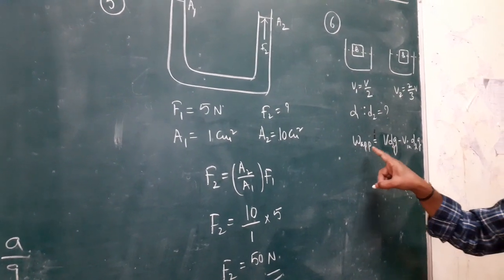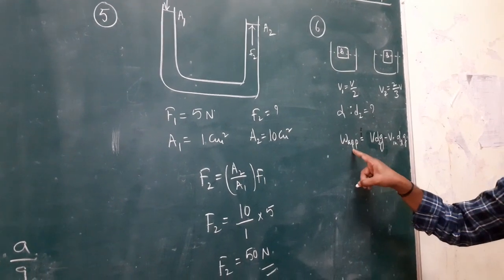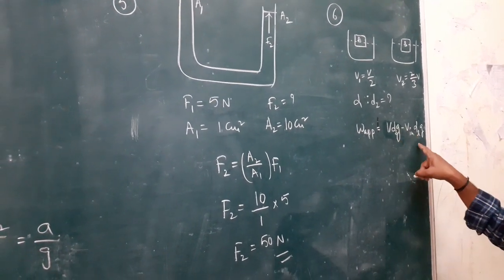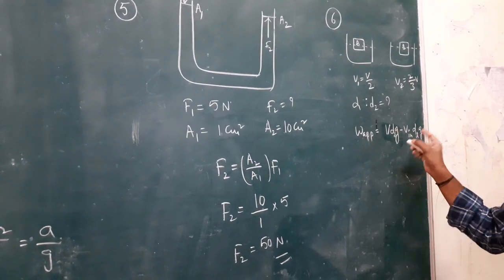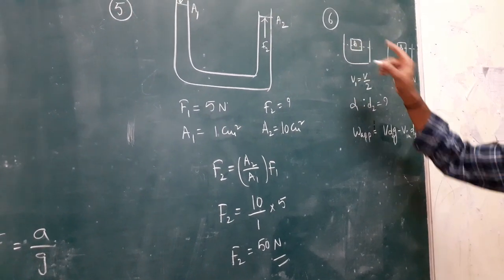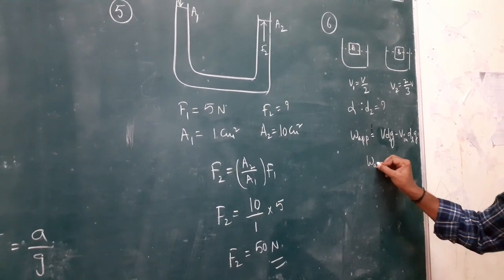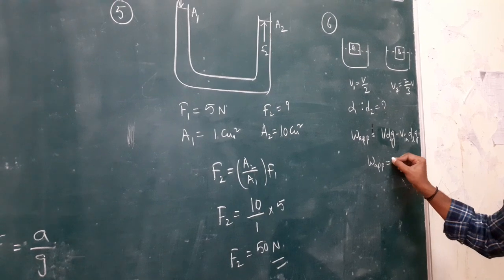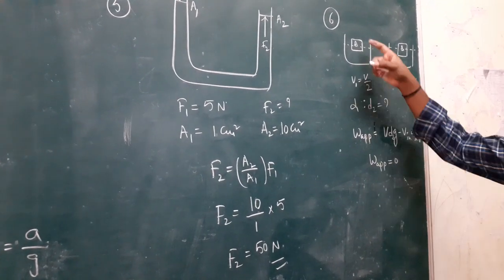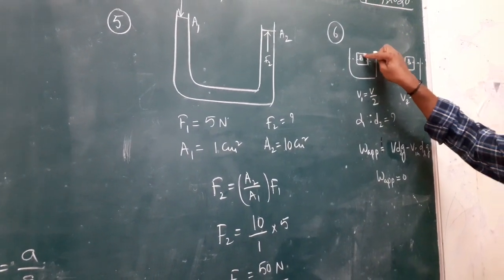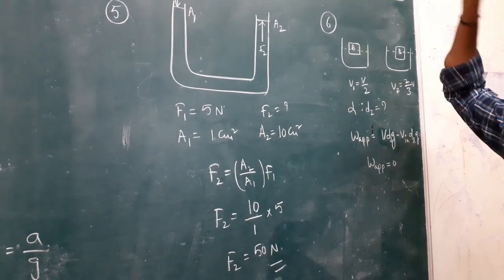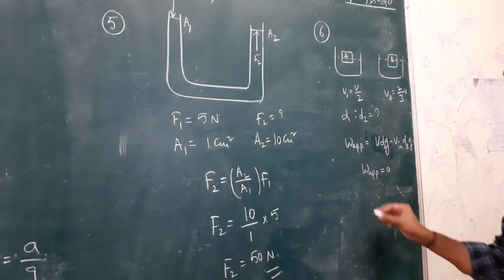So this is the formula. Apparent weight is equal to original weight minus buoyancy force. Whenever a body is floating inside the liquid, the apparent weight is equal to 0. That means the original weight is balanced by the upward thrust, that is the buoyancy force.